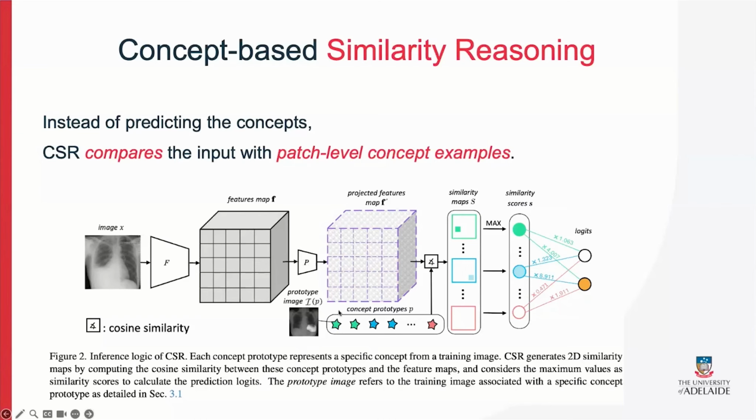Here we will use the concept prototypes to compare with these feature maps to obtain those similarity maps S. And we will take the maximum of these maps to get a score to see if the concept is present or absent on the image. And this score, or concept similarity score, will be aggregated to obtain the final logits of the downstream class.